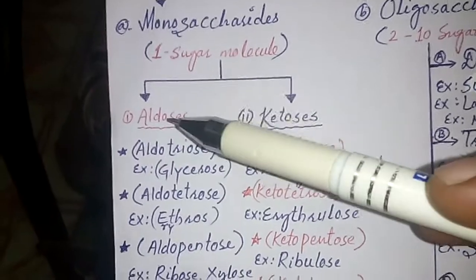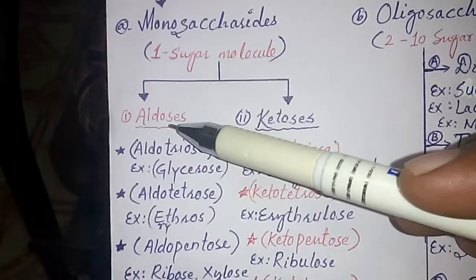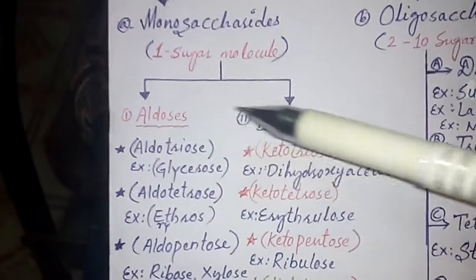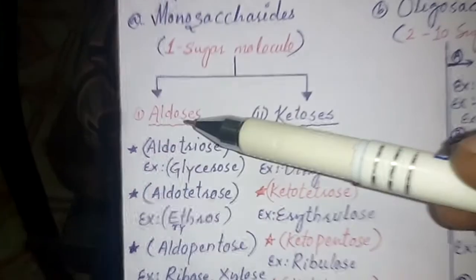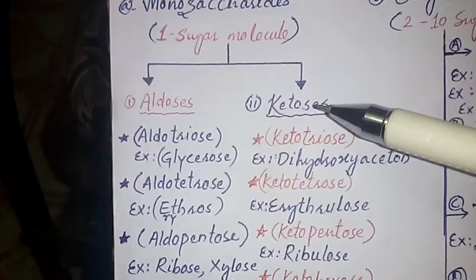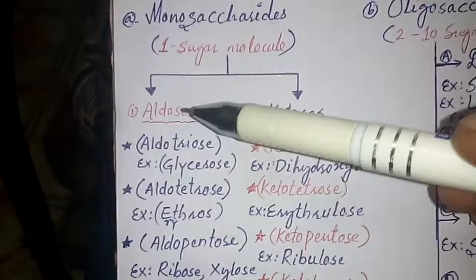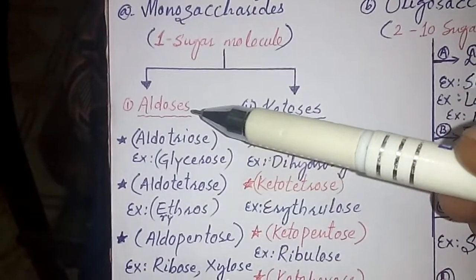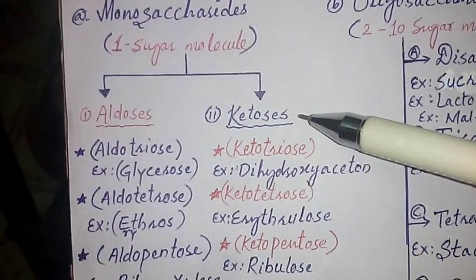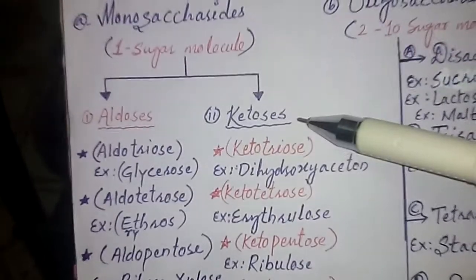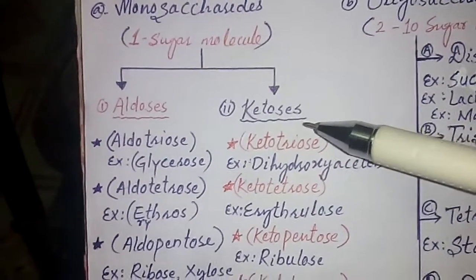It is further classified into two major classes. Type number 1 of the monosaccharides, aldoses, and type number 2, ketoses. These two types are on the basis of the functional group. If aldehyde functional group CHO is there, that type of monosaccharides are known as aldoses, and if ketonic functional group CO is there, then those are known as ketoses.